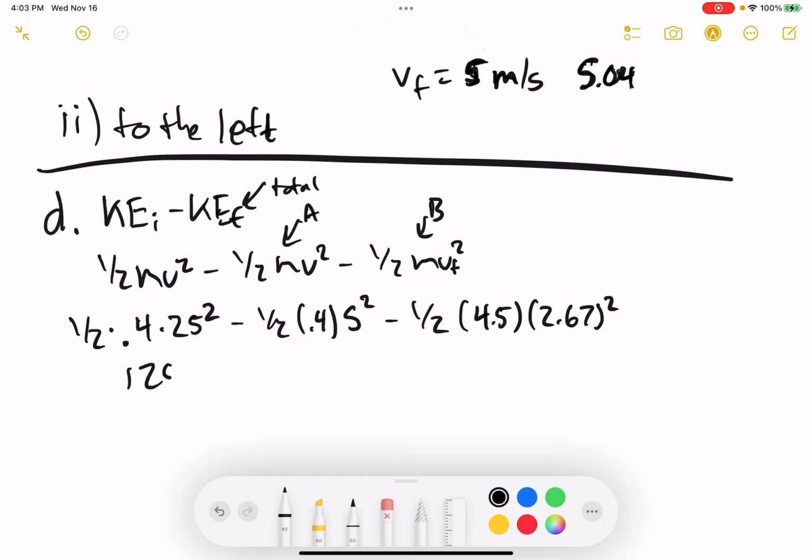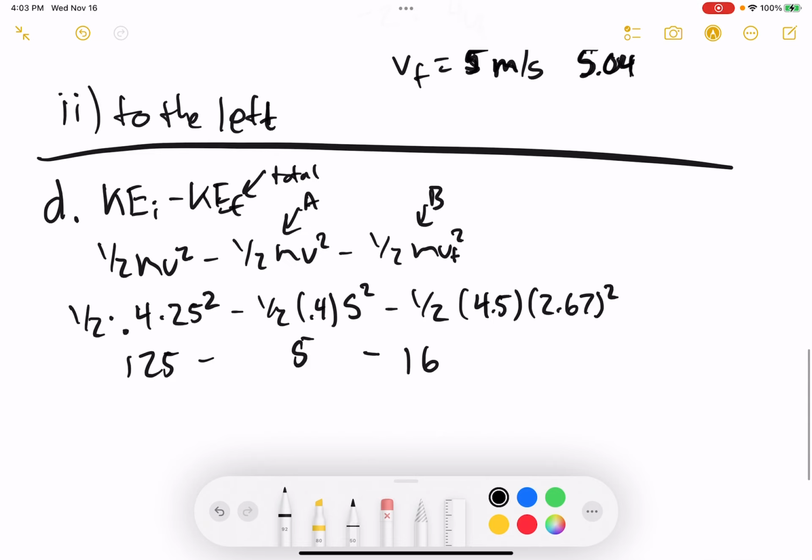So you get 125. This one is just 5. So I have 125 minus 5 minus 16.